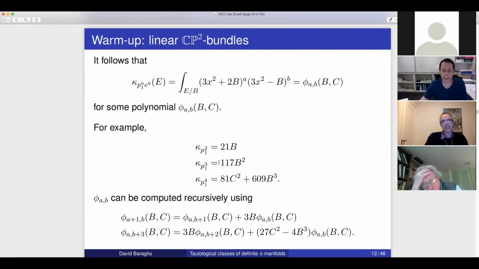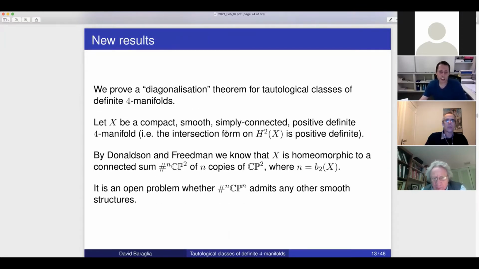You get some very strange looking formulas, but that's what it is. Now I don't know an explicit formula, but I know some recursive relations, which I've written down here. So you could compute any of these tautological classes by just using these recursive relations. All right, so that's the case of a linear CP2 family, and now I'm going to talk about the main results.